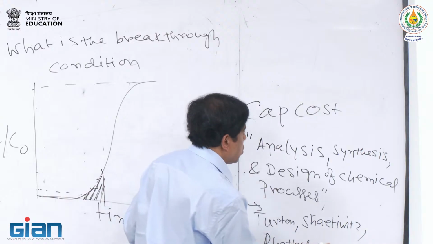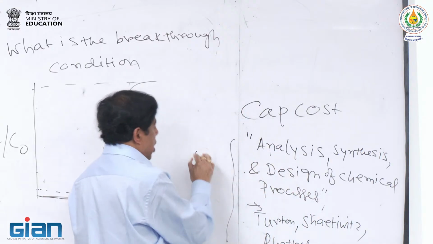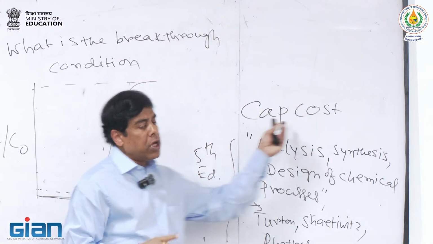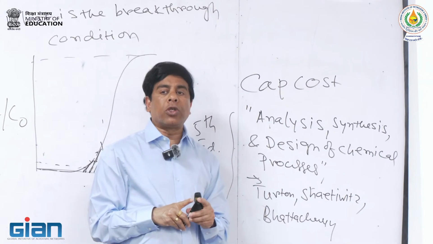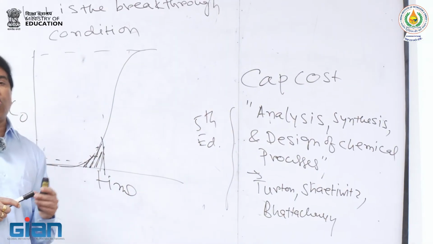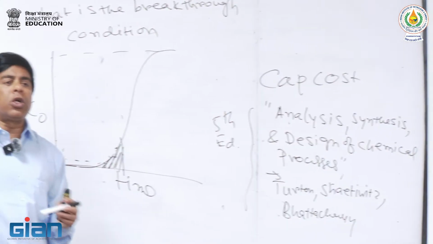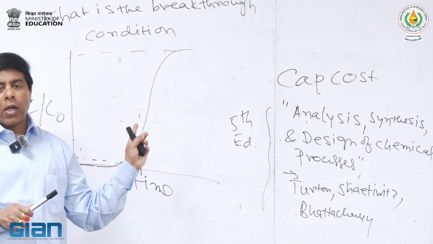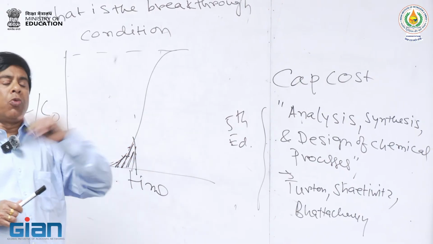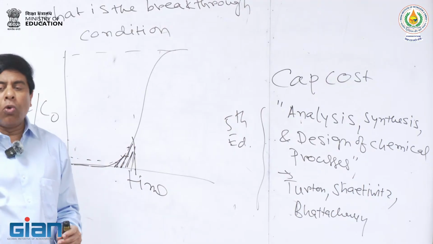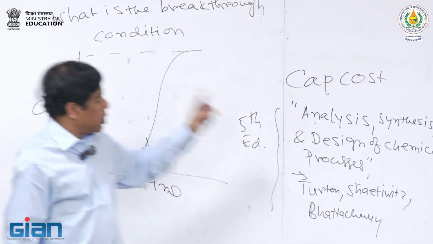Professor Turton is the first author, then Shaeiwitz is the second author, and I'm the third author here. If you look into the 5th edition of it, it will show you this software, which is free actually, and it will give you a capital cost estimation. Most of the leading equipment cost databases and equations, correlations are all part of it.